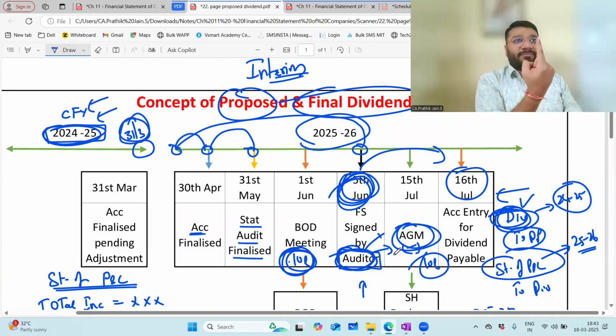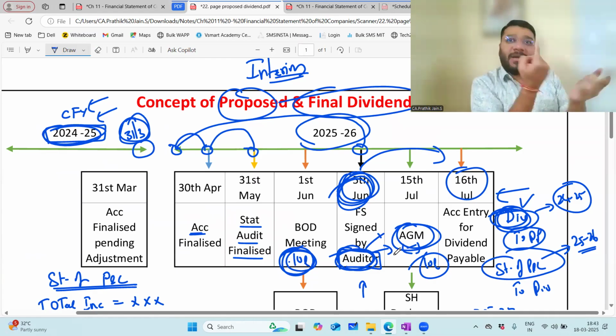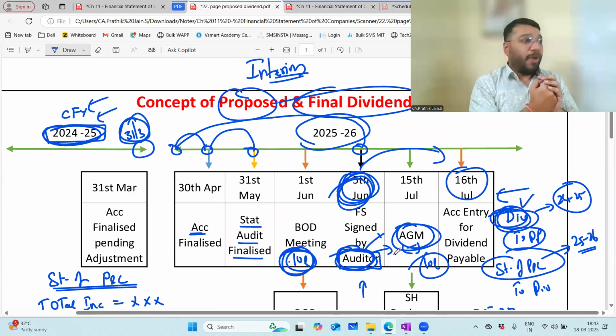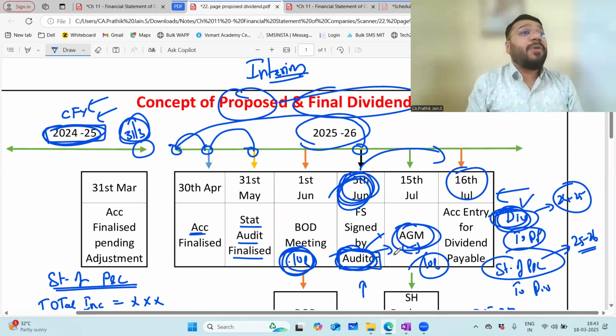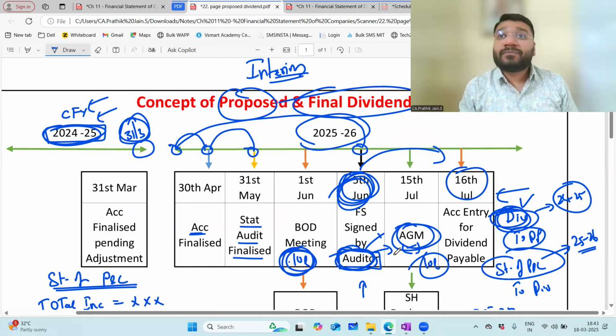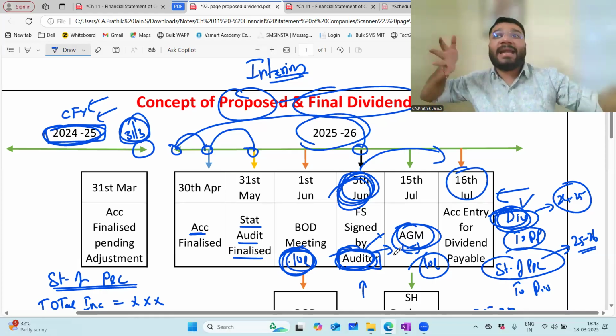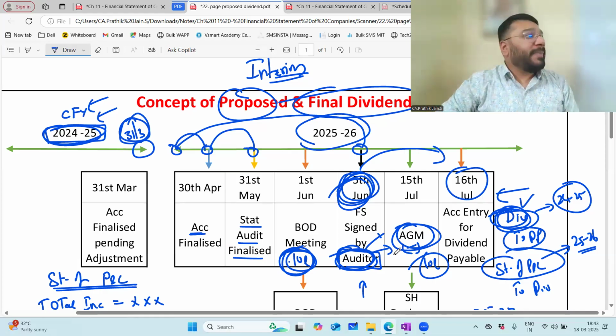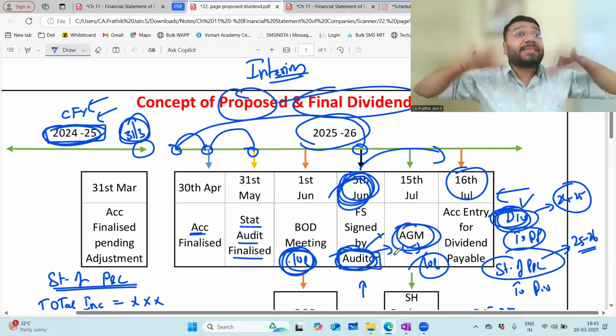I'm one shareholder invested in your company. One share I have. For that, yearly 4 times he'll call me to the AGM and I have to approve the dividend. Second, if I'm dependent on the shareholders, if the shareholders don't come, the meeting is not happening, everything is getting delayed. No? So companies have to go in a faster paced manner.